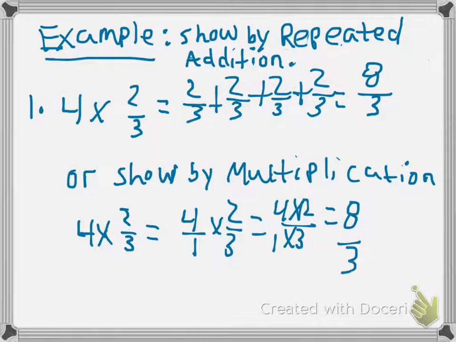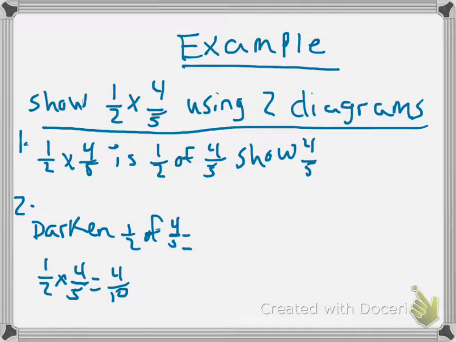The same thing you got before by the repeated addition. You can also show multiplication with different diagrams. And this helps people that like to see pictures, and sometimes pictures help students learn better.